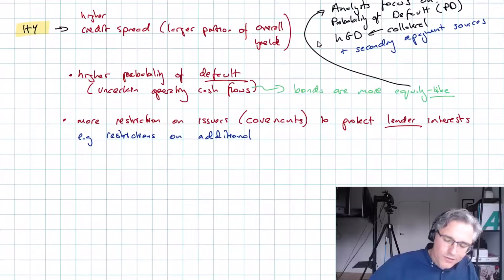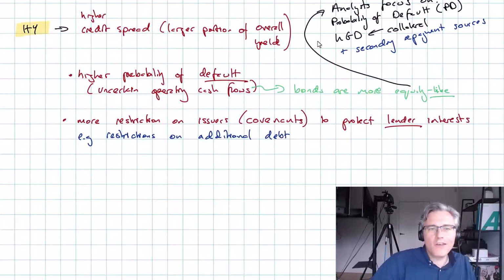So restrictions on additional debt, and you may remember from a much earlier video in the fixed income section that often if there is to be additional debt, the existing debt holders want it to be subordinated to their debt. They never want that debt to rank equally or, God forbid, higher than their existing debt.